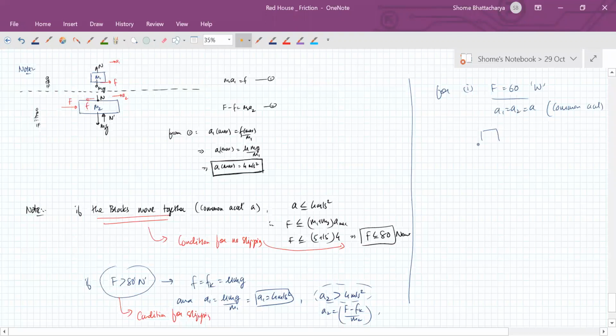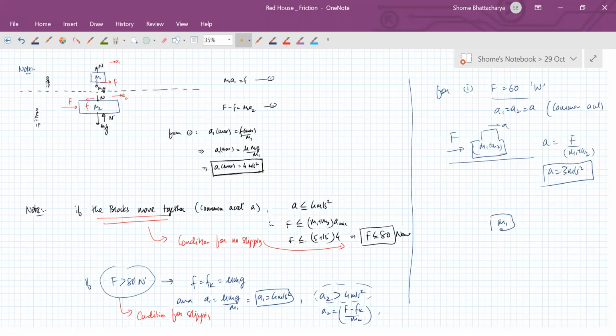And you can just make a combined free body diagram, so that static friction is an internal force. You can see this a is F upon m1 plus m2, which will come out to be 3 meters per second square. And then you can make an FBD for just m1 to understand how much friction is acting.